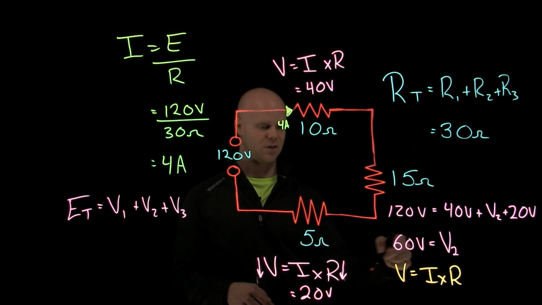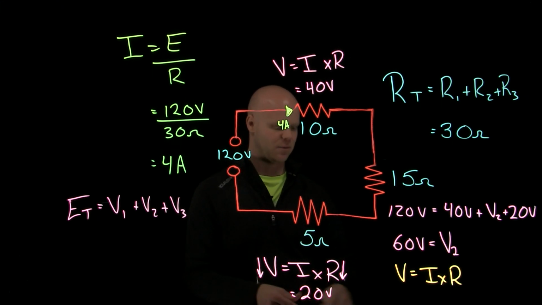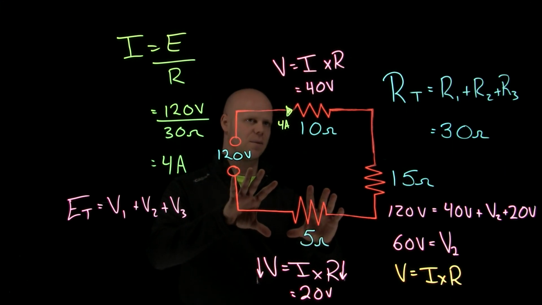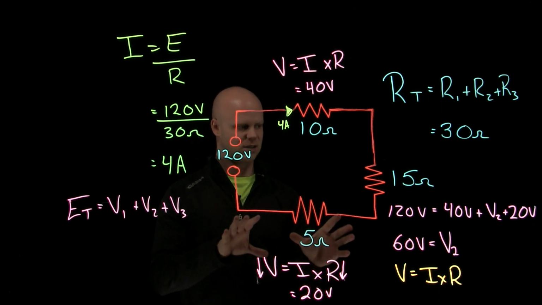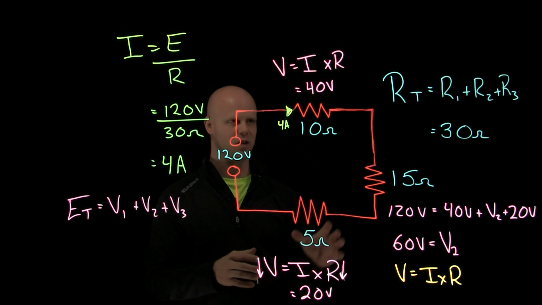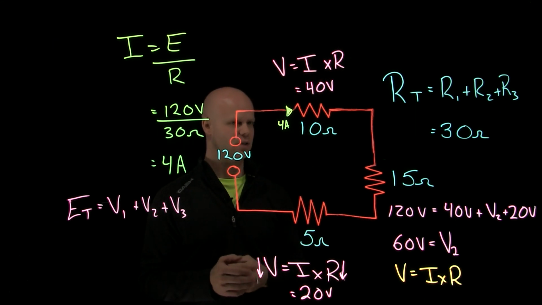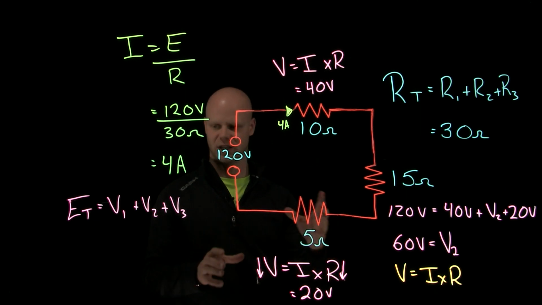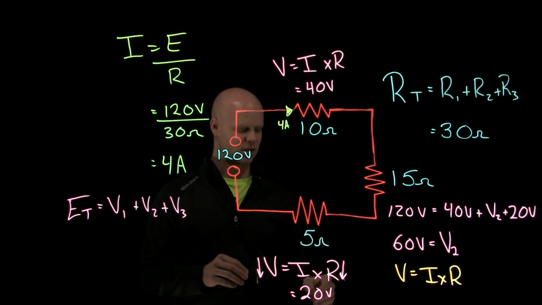It is. 3 times 20 would give me 60. 3 times 5 would give me 15. So we have multiple ways of looking at a circuit based on the relationships. And Kirchhoff's voltage law, because that's a constant in a series circuit, we can use each one of these relationships to prove and then double check with ourselves to make sure that we're on the right path when we're looking at these relationships within a series circuit.